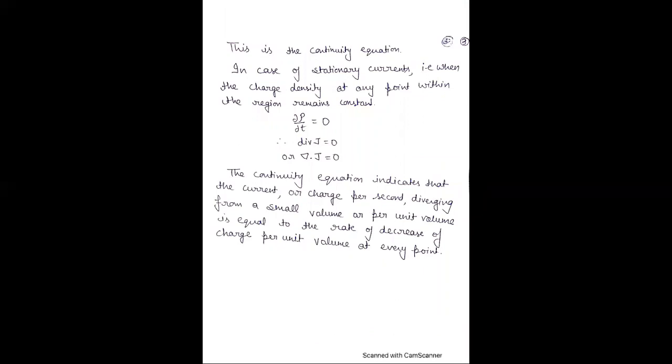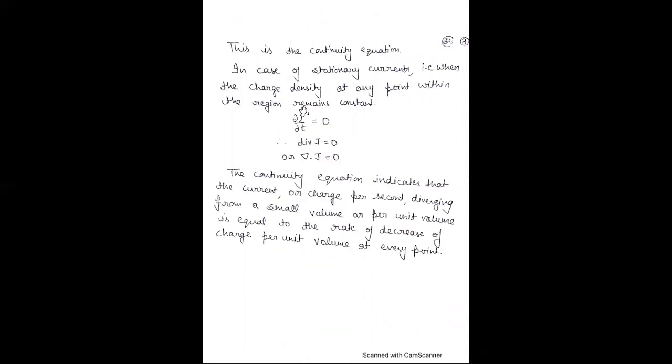Now in case of stationary current, I is equal to 0, which means the charge density at any point within the region remains constant, so partial rho by partial t is zero, as the differentiation of a constant quantity gives 0.